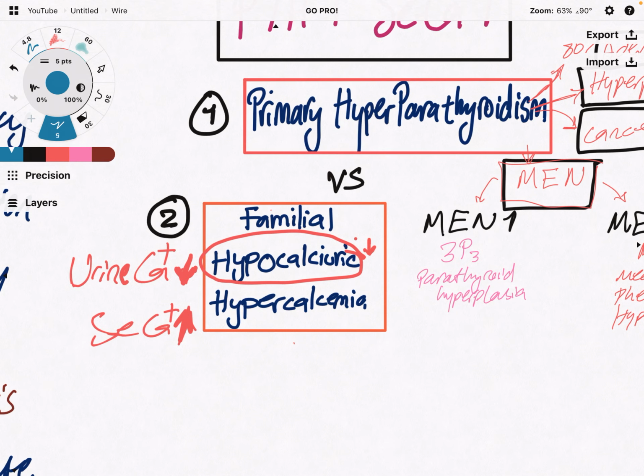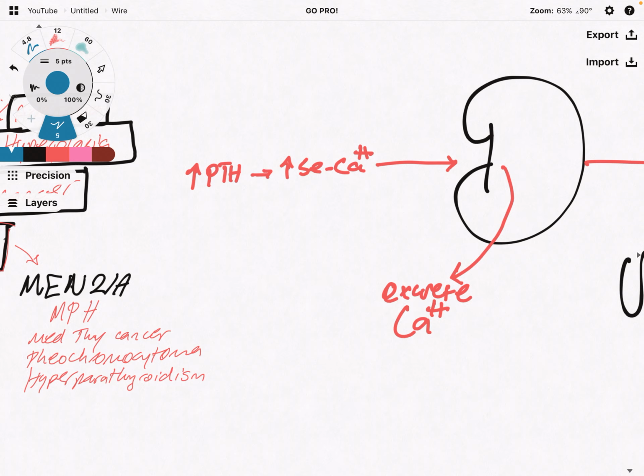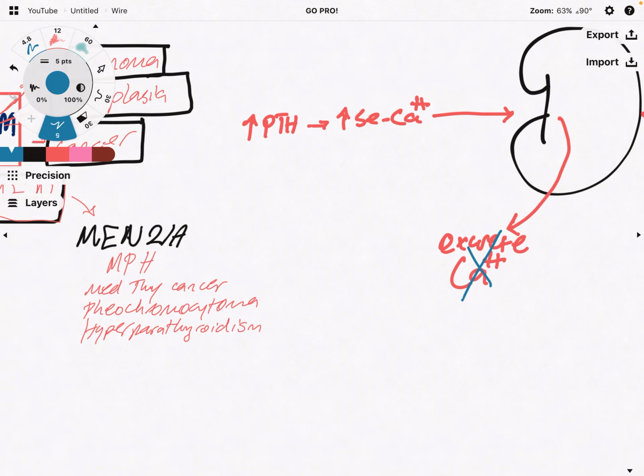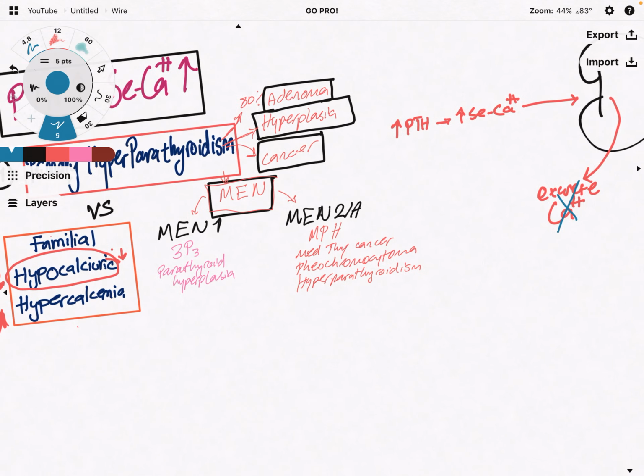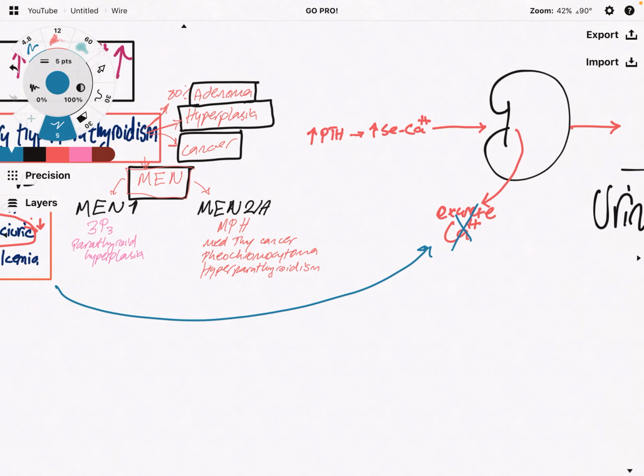But the characteristic thing is that although there is a very high serum calcium, right, there's no increase in the calcium excretion in the kidney. So this is not present in case of familial hypocalciuric hypercalcemia.